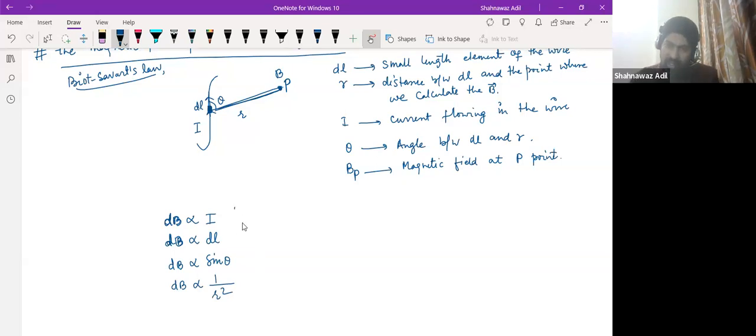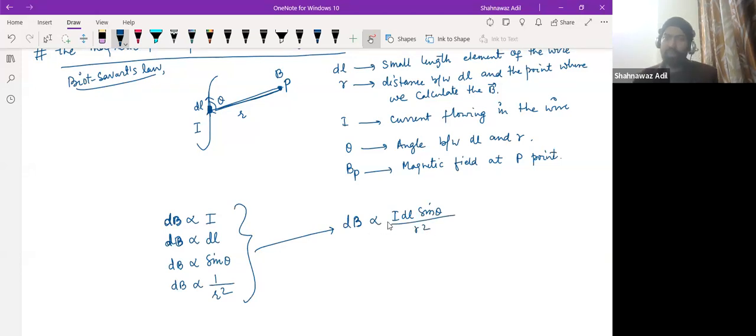If we collect all these things, the small magnetic field at point P is directly proportional to I dl sine theta divided by r square.